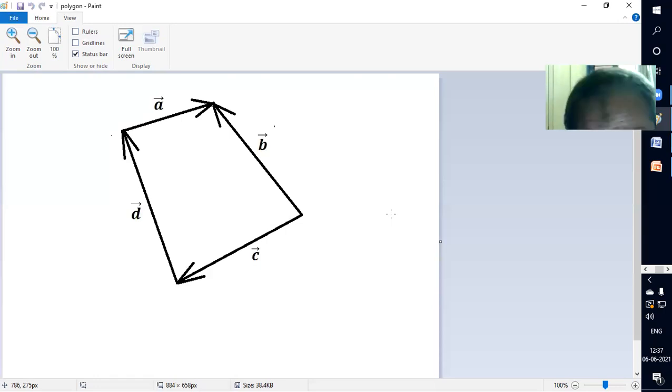Again, I'm repeating, vector C, vector D, vector A. These three are moving in the clockwise direction, and vector B alone is moving in the anti-clockwise direction. Therefore, you can write the equation where on one side of the equation, only B will be there. And on the other side of the equation, three other vectors, that is A, C, and D will be there. In this way, you can write the equation.